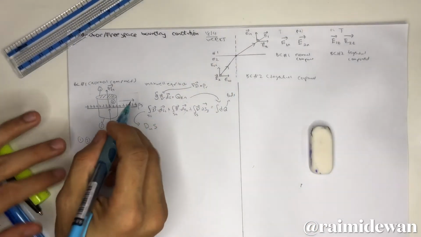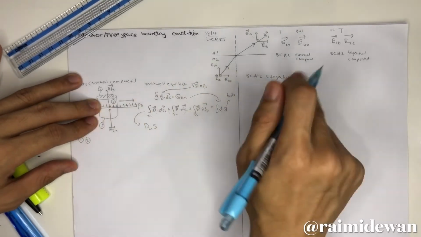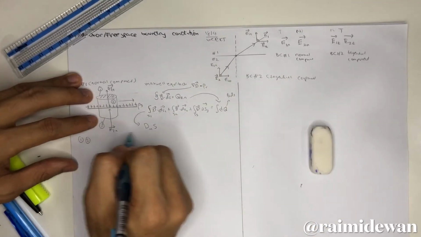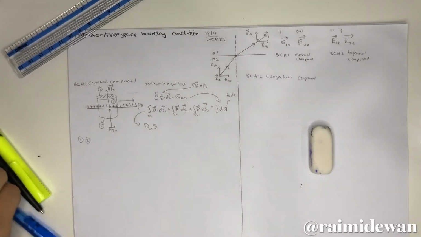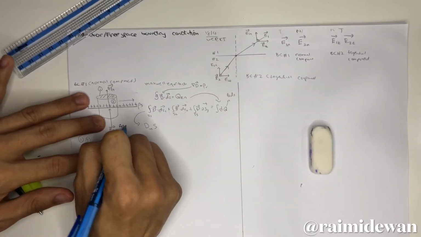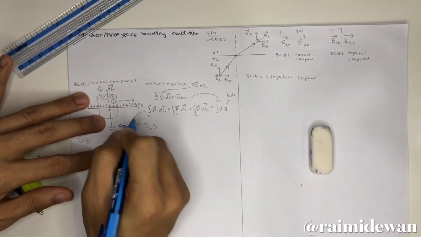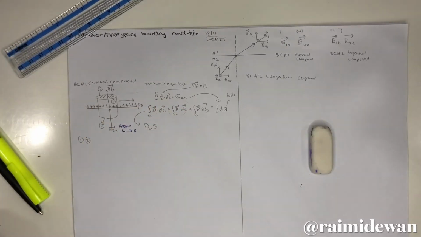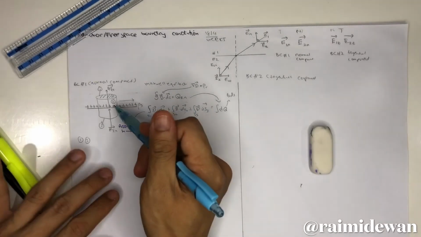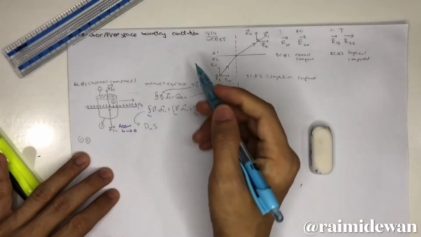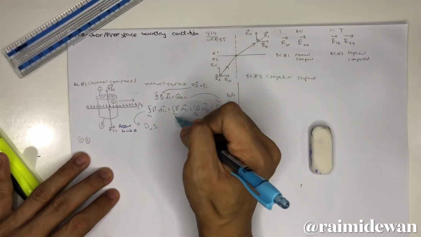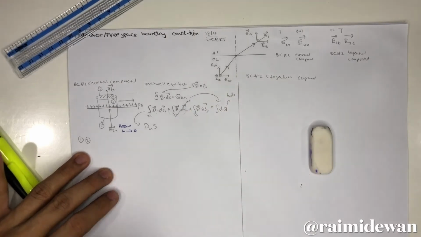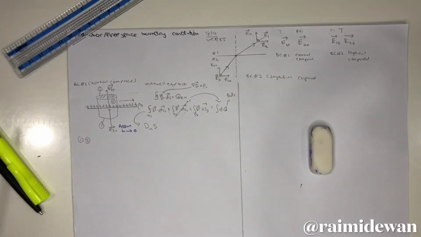So in order to ignore this tangential component, we need to make an assumption that h is too small, approaching 0, meaning negligible. When we assume h equals 0, this will be cancelled out. It's not considered anymore.